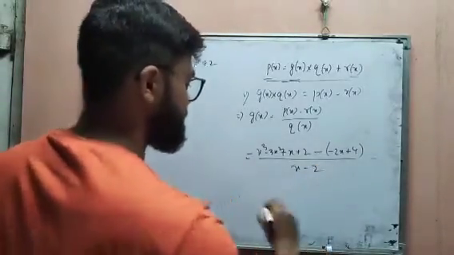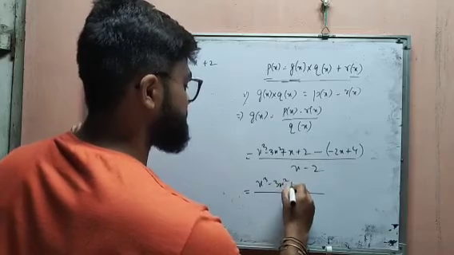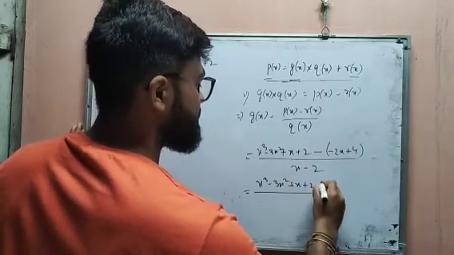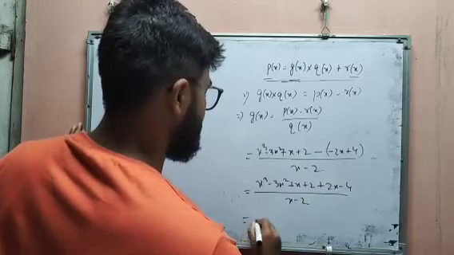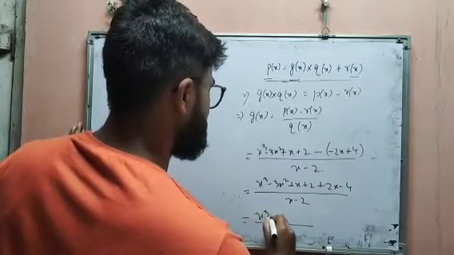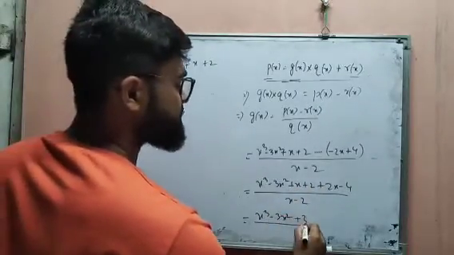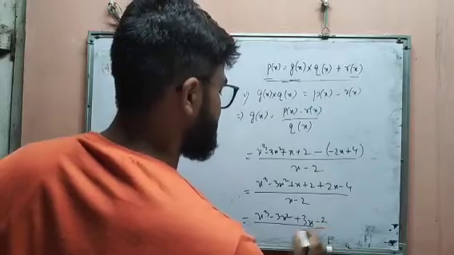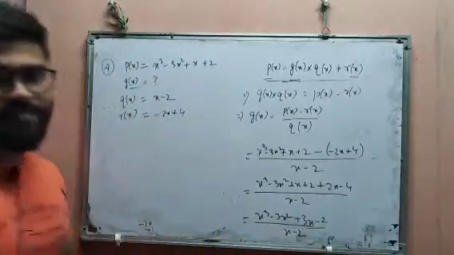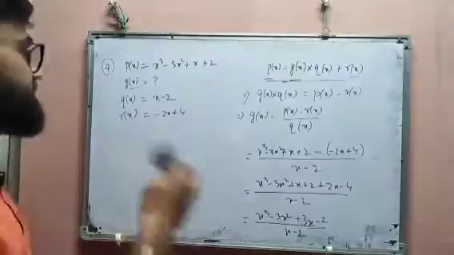And qx value is also given as x minus 2. So you are getting x cube minus 3x square plus x plus 2 plus 2x minus 4 divided by x minus 2. Or you are getting x cube minus 3x square plus x plus 2x, that is plus 3x, plus 2 minus 4, that is minus 2, divided by x minus 2. So we are getting the answer. Now we have to divide this.